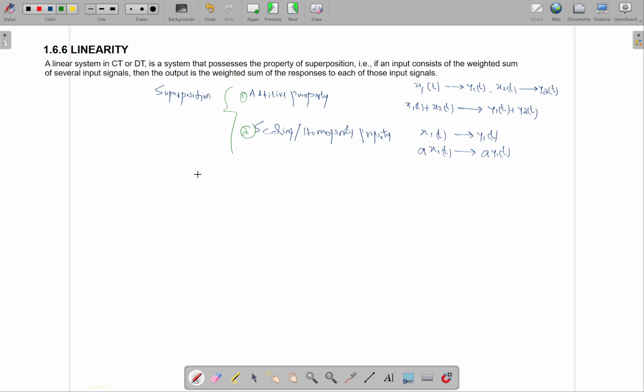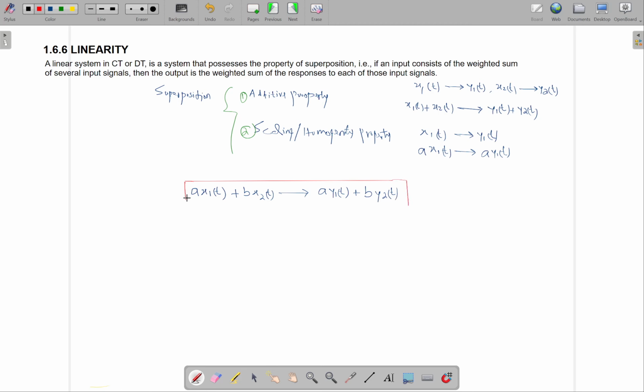Okay. So now we can write both of these properties in a single equation, and that equation is that a system is linear if it satisfies, for this input, it gives us an output of this thing, which is essentially the same thing which I have written before, but now I have written it in a simple, straightforward equation.